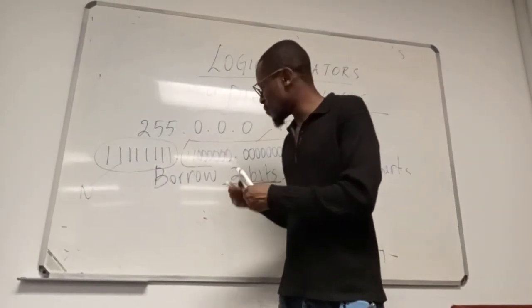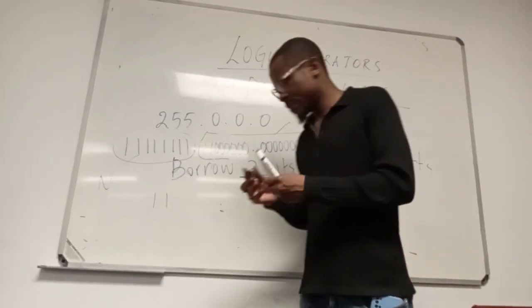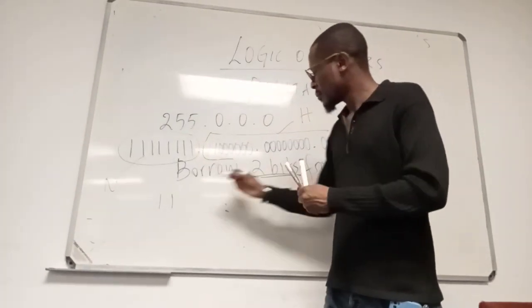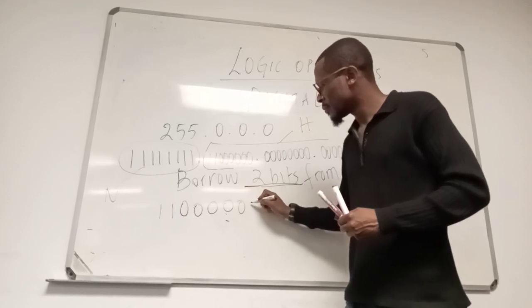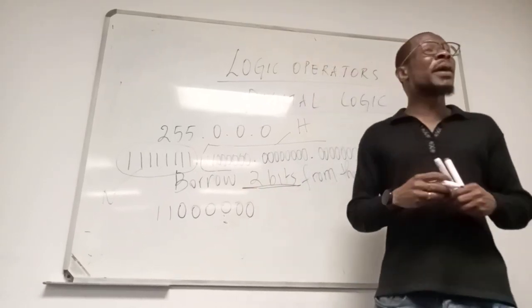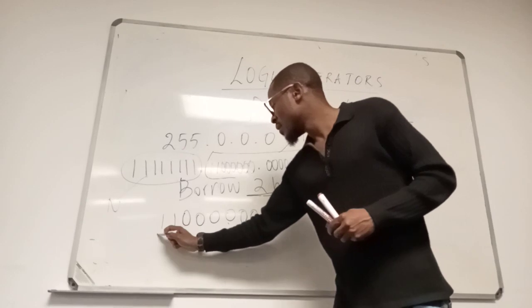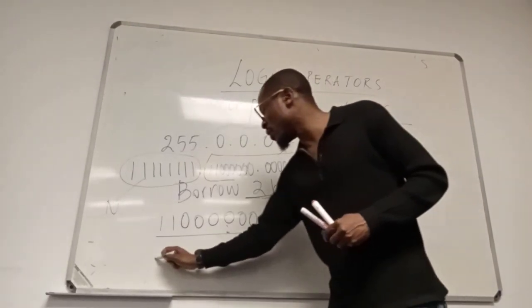It's 1, 1, and 6 zeros. Remember that in binary, we discussed it a long time ago.